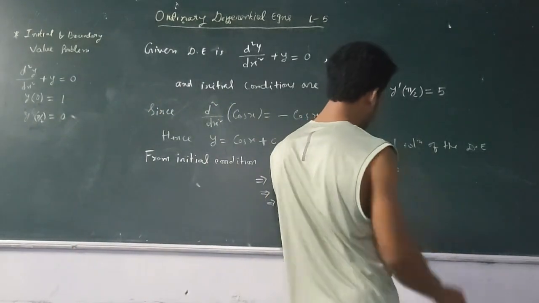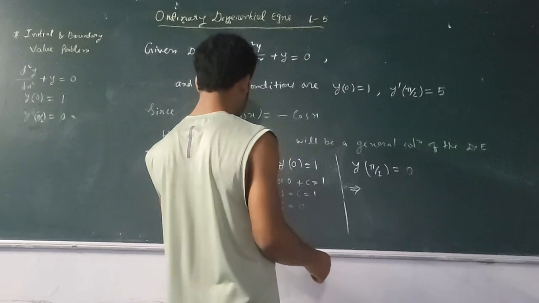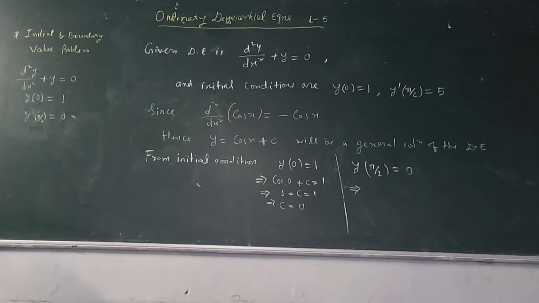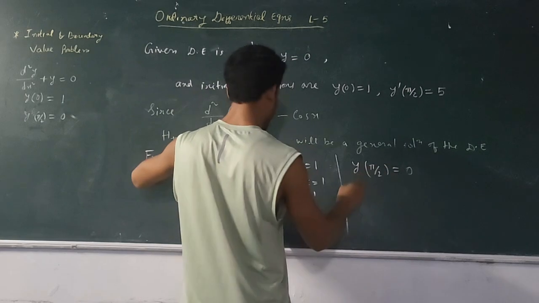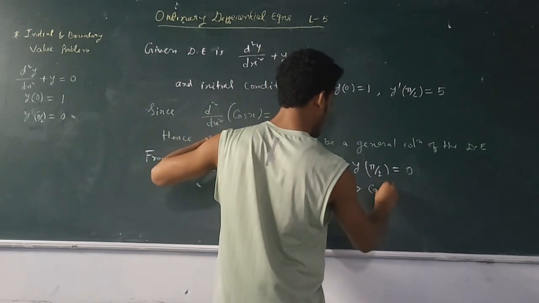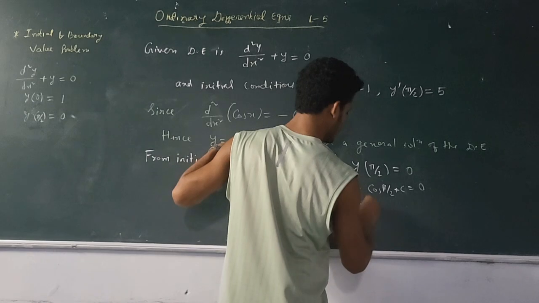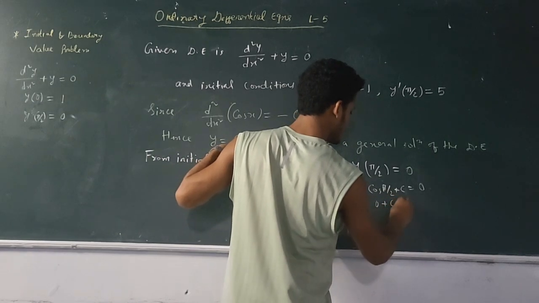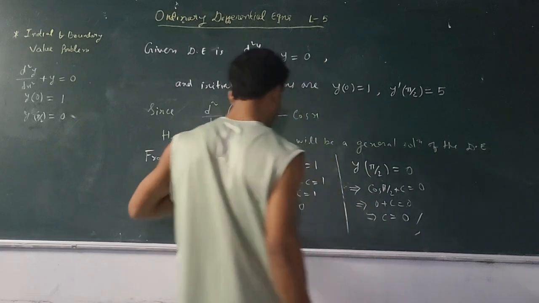So the earlier condition does not have any solution. When you put here 0, you will get y of pi by 2, that means cos pi by 2 plus c is equal to 0. That means it will be 0 plus c is equal to 0, so c is equal to 0 here also.